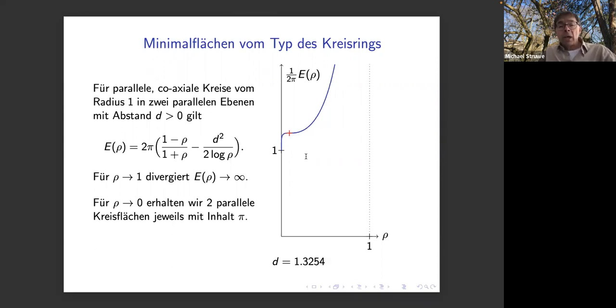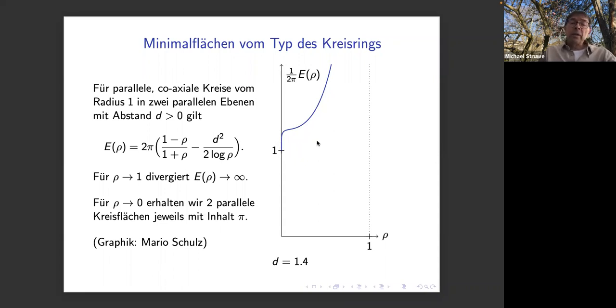And now we have, at a distance of roughly 1.3254 of the two curve, a merging of the two catenoids. And as we increase the distance further, the critical points disappear altogether, and the graph f of rho is given by a strictly increasing curve.